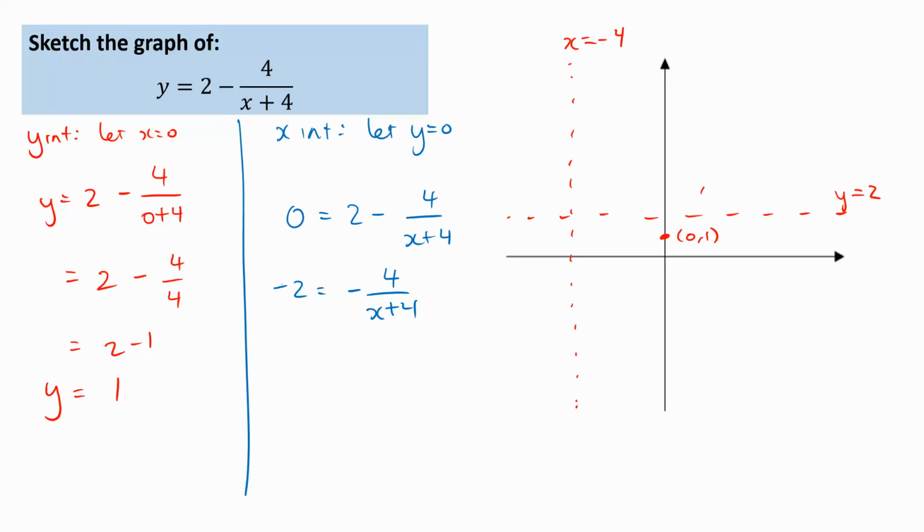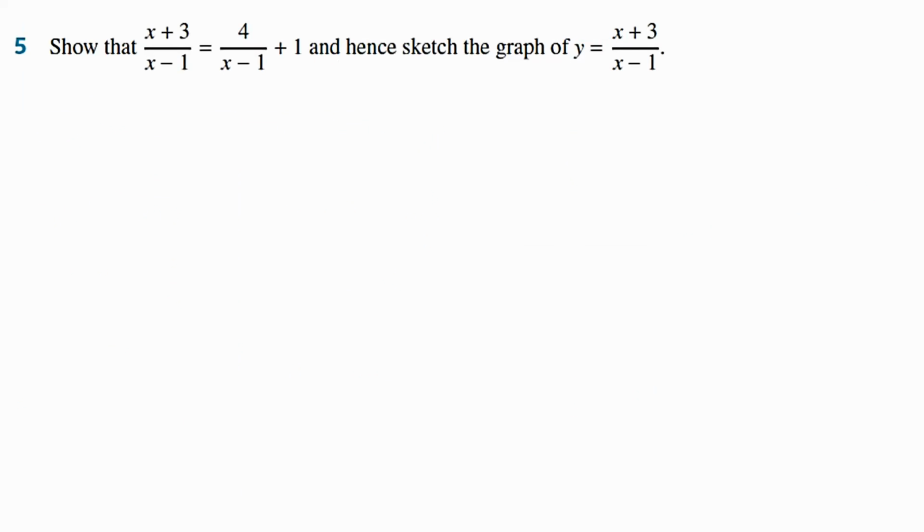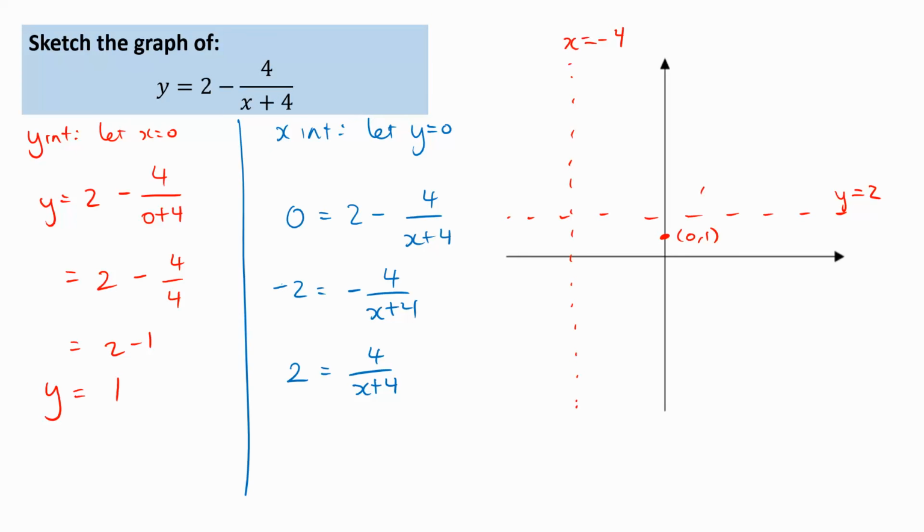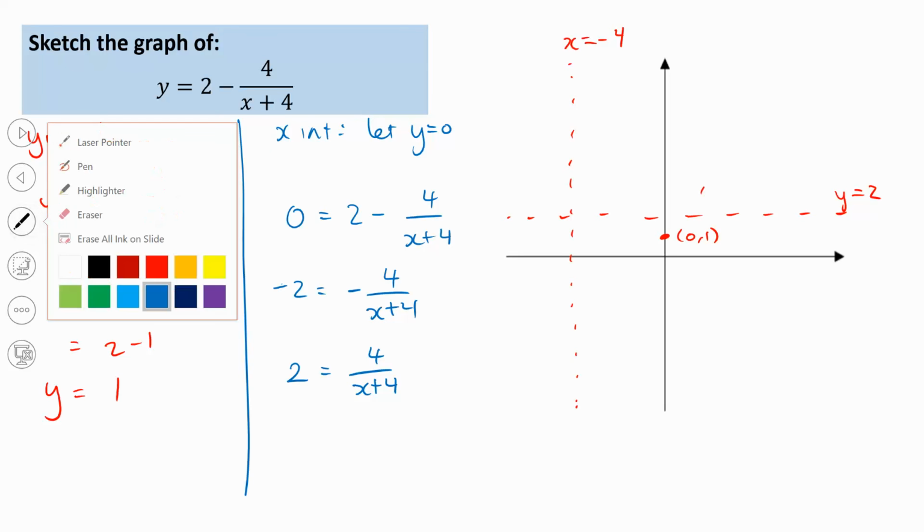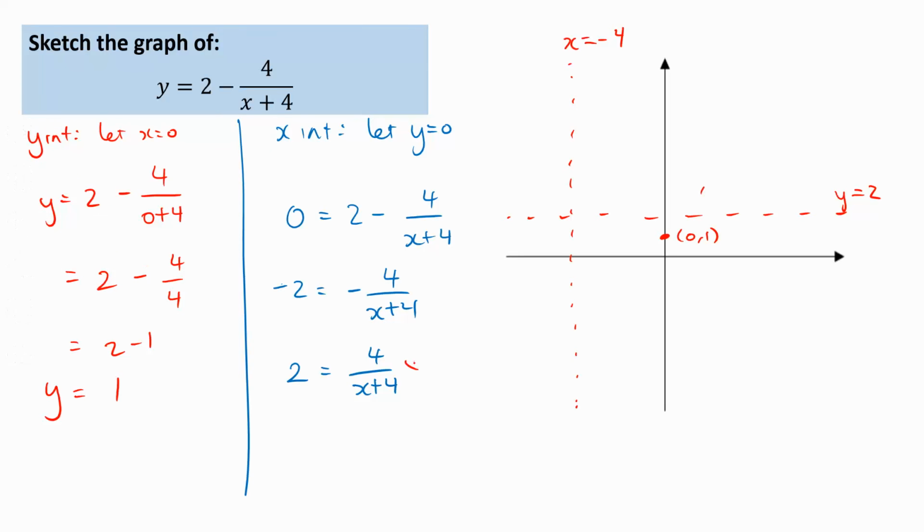Times both sides by negative 1, because these two are negatives. So if you times both sides by negative 1, you now have 2 equals 4 over x plus 4. Up to this step, you can do what Will was trying to say before. What do you do with the fractions? Same techniques. It's divide by x plus 4, so the only technique you've got to do is times both sides by the denominator. Times both sides by x plus 4.